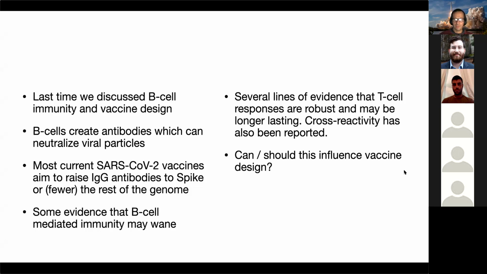And there's also, going back to the presentation, several lines of evidence that T cell responses, which are usually relegated to secondary considerations for a lot of the vaccine design efforts, are unusually robust and maybe longer lasting. And in addition, when we talked about this a couple of lectures ago, there were several really beautifully executed papers that demonstrated that people that had never seen SARS-CoV-2, couldn't have seen it because those samples were from 2015, 2016, had memory T cells in their immune system that were activated and bound to SARS-CoV-2.